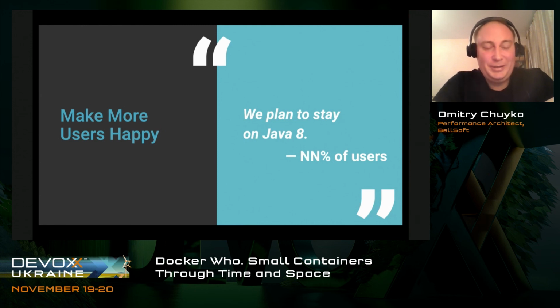Now it's there, leveraged for all providers in JDK 17, but still about 50% of all Java users use JDK 8. I won't say it's very sad, but it's interesting.